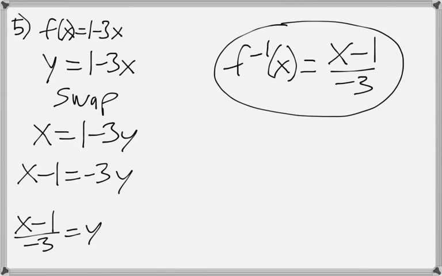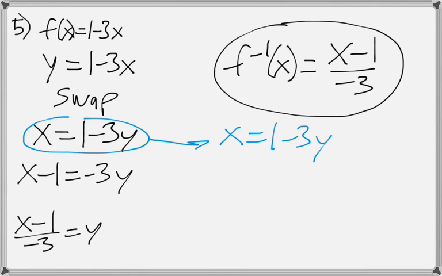Now, if you had chosen to solve to the other side here, so let's say at this point here, so I have x is equal to 1 minus 3y. Let's say you added 3y to both sides.